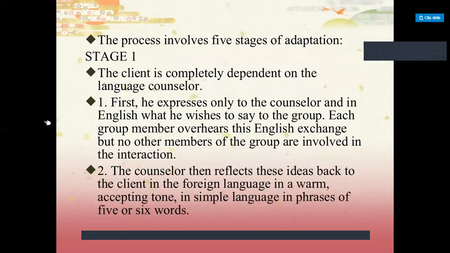Number one, the total dependence of the client towards the counselor, right? So this was related to a group, and the student was going to be provided with a set of elements to provide this information to the group, right?